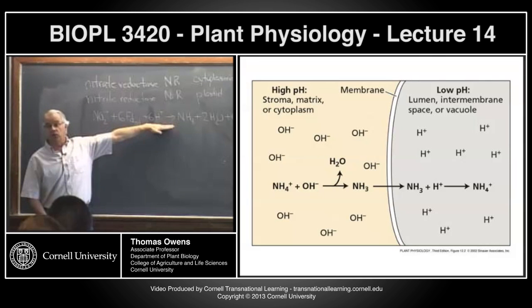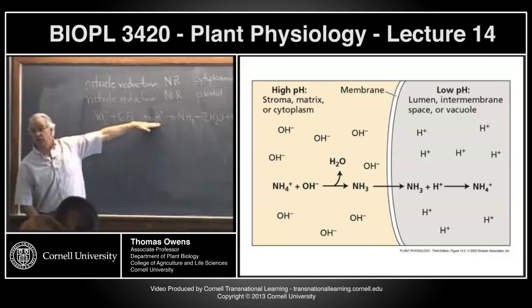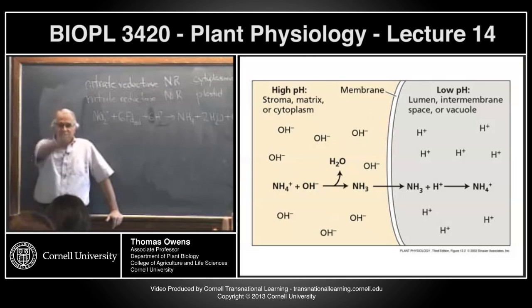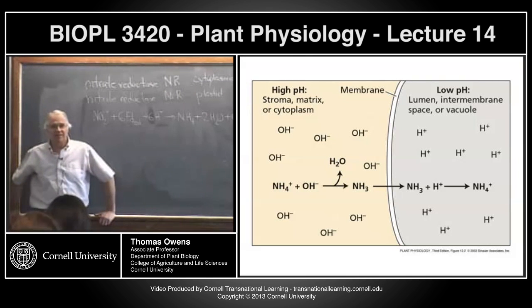Don't reduce nitrate to nitrite unless you've got an electron source to reduce the nitrite to ammonia. If the nitrite is being reduced to ammonia in the roots, the light regulation of nitrate reductase doesn't make anywhere near as much sense, and yet it is still there. Another question for plant physiologists.